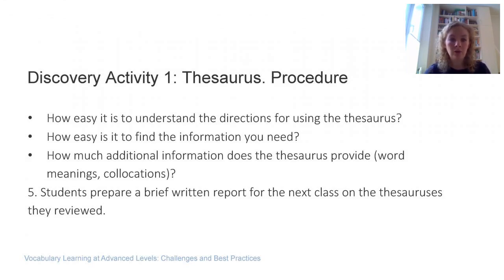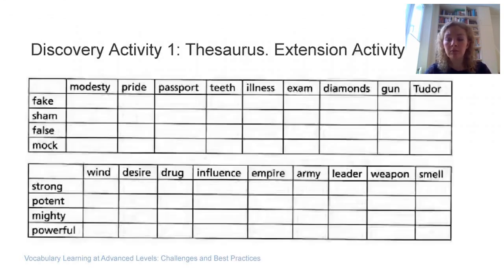Right, let's move on. This is an extension activity. This is a grid where you have adjectives on the left and nouns on the horizontal axis. And this is a collocational activity.